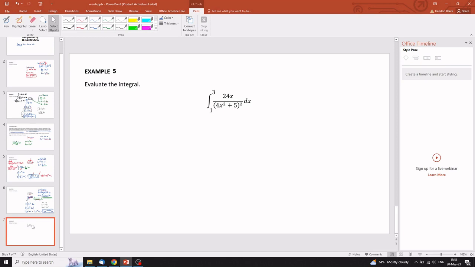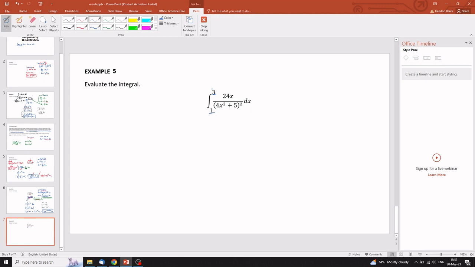And the second reason is, as long as we change the limits of integration to be in terms of u, so you see this 1 and this 3, these are x values. X is going from 1 to 3. Once we get our u equation, if we change those values to be u values, then we never have to back substitute the x expression. We could just evaluate the definite integral directly with the new u values. You'll see that as we go through the example.